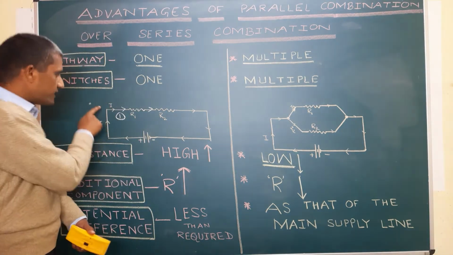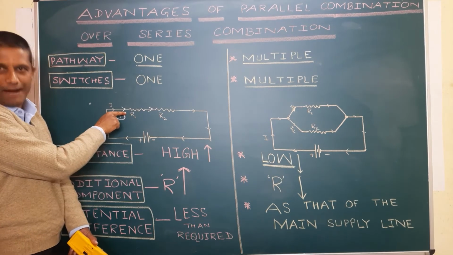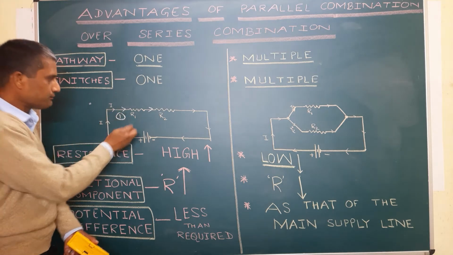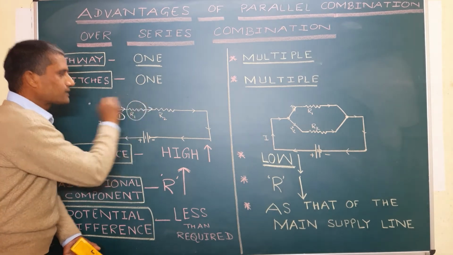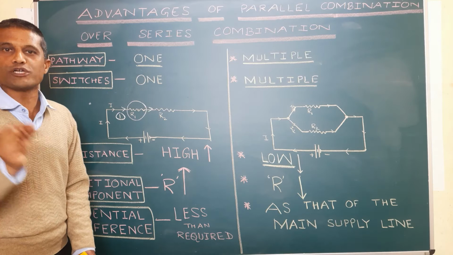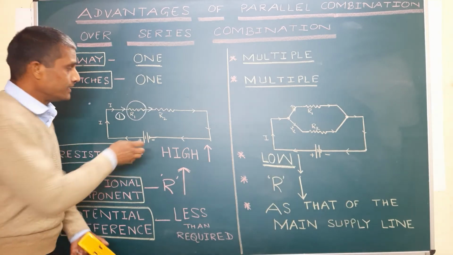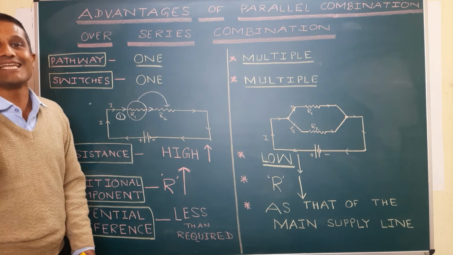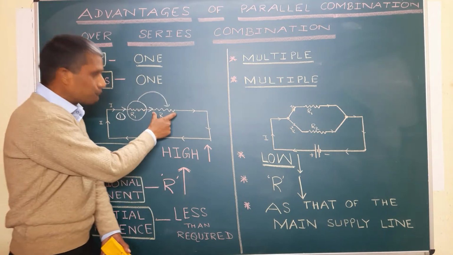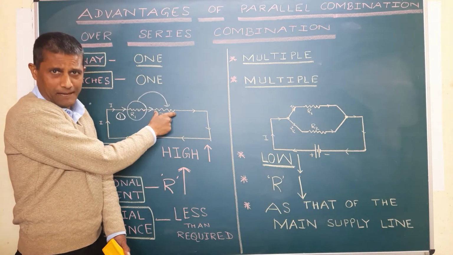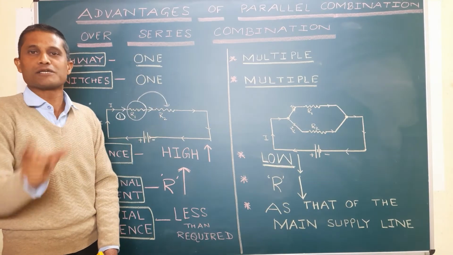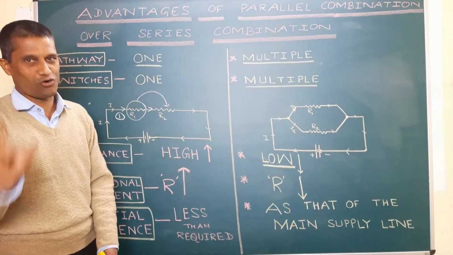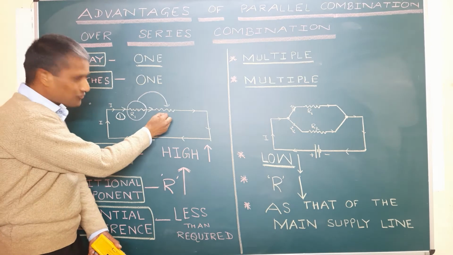Since current has got only one pathway to flow through, if one of the electric components got defective, then the current can't pass through the next electrical component. Suppose it is a bulb, this bulb will stop functioning, though it is quite okay, because it is not going to get current.